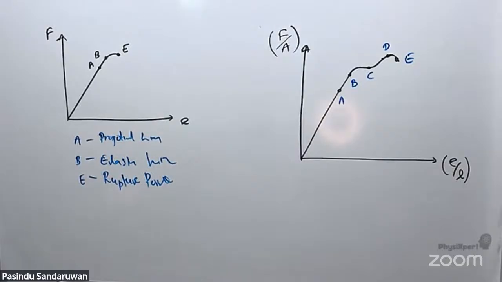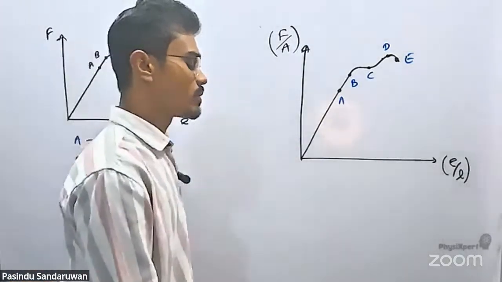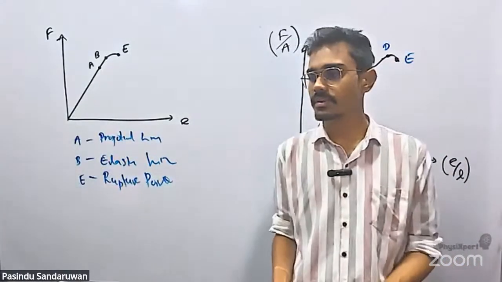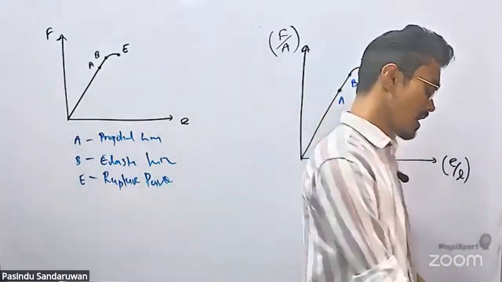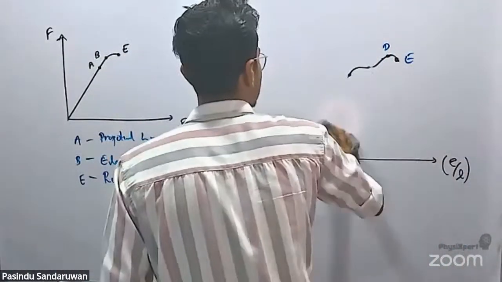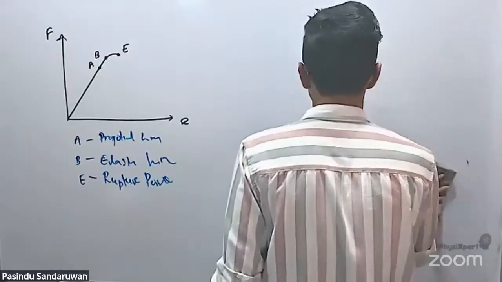Right, so this is all about the ductile and brittle behaviors. And next, as the next topic, write down malleability.